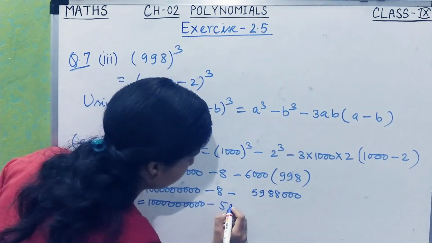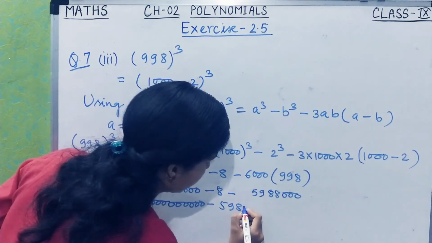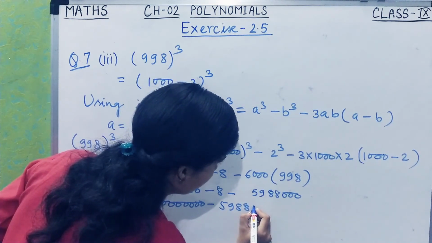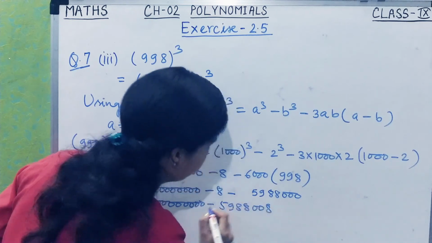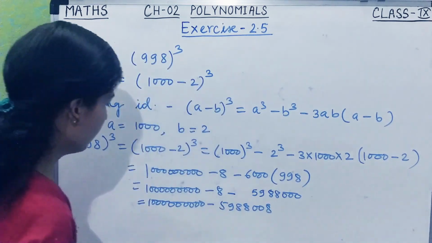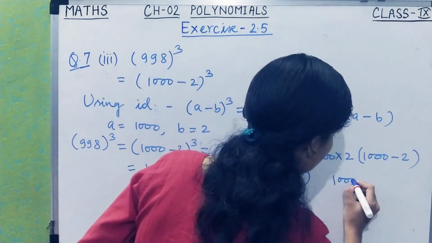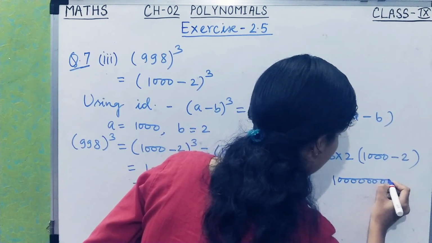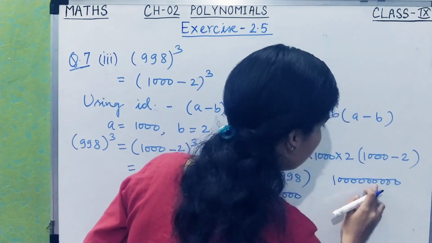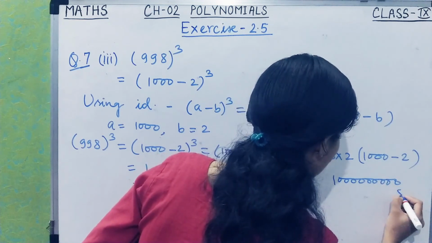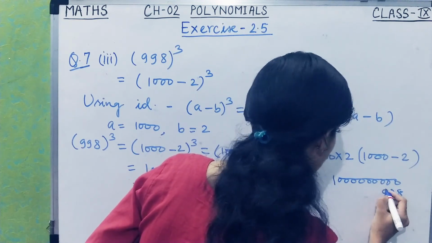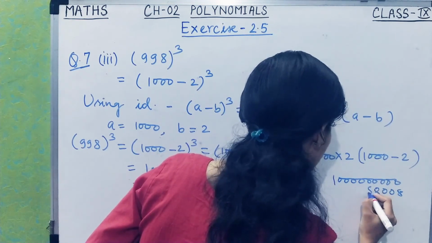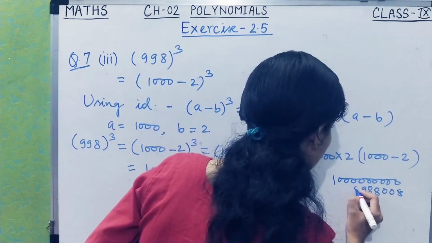Okay, minus, so if we do the number that we have to subtract, 8008895.